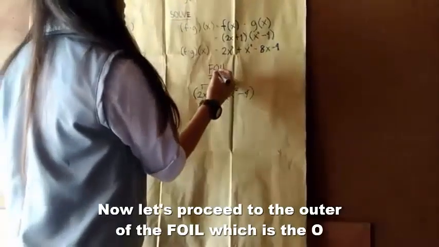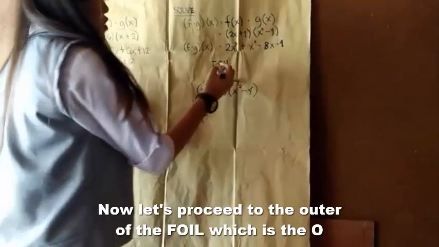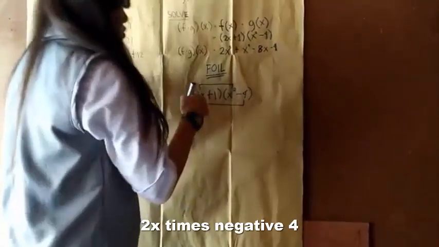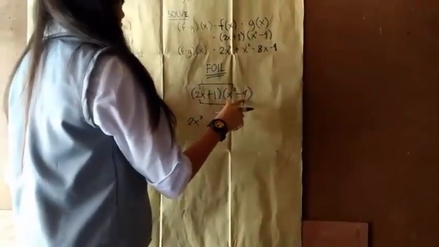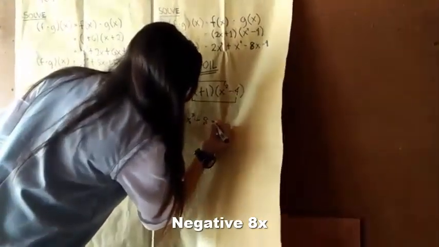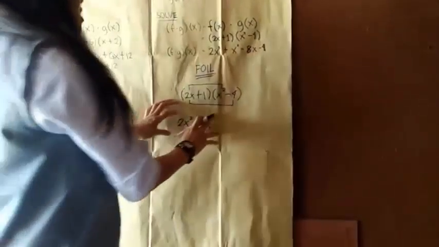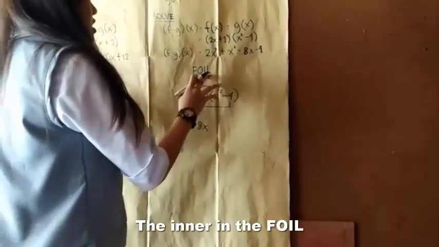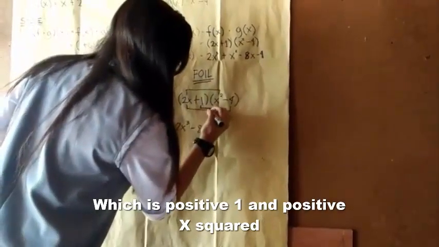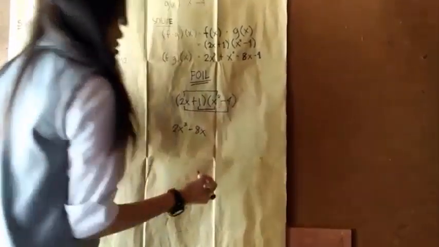Now let's proceed to the outer of the FOIL, which is the O. Outer to outer: 2x times negative 4. The answer is negative 8x. Then the next is the inner of the FOIL, which is positive 1 and positive x squared.